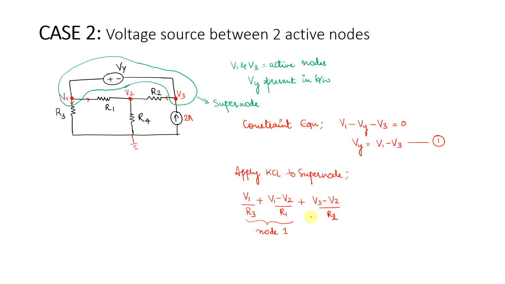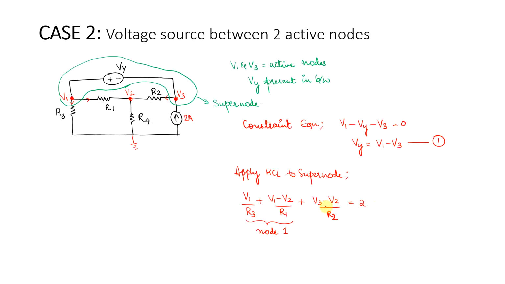Other than that, you also have an element, the current source being connected. Now this current source clearly is entering the node, so you can't do anything with that. All of these terms were written considering the current to be leaving the node, whereas the current source is entering the node, so this will be equal to 2.